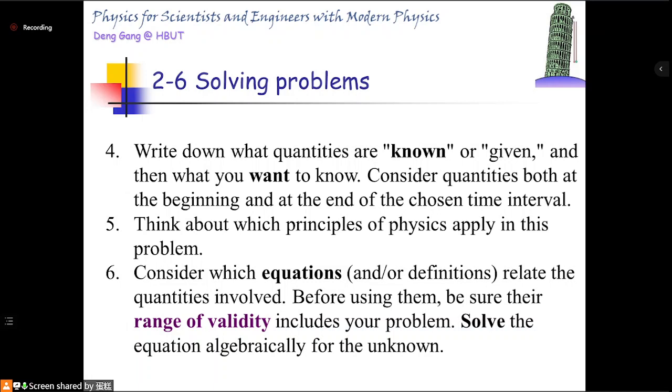Then we can use this equation to calculate. Sometimes the result may not be reasonable, so you try to find out if this result is really correct. Sometimes there may be several solutions and only one is the correct one.